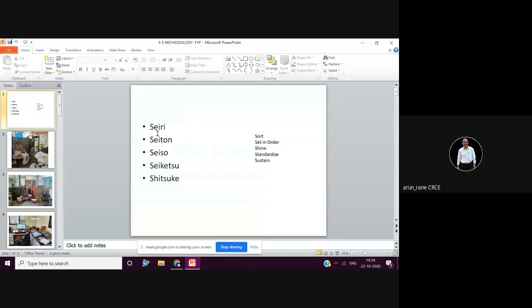So what is Seiri? Seiri is nothing but sorting. That is, you sort. You know, there is a proverb that if you don't use anything for more than 6 months, then you better dispose of it. It means it is not required if you don't use it.